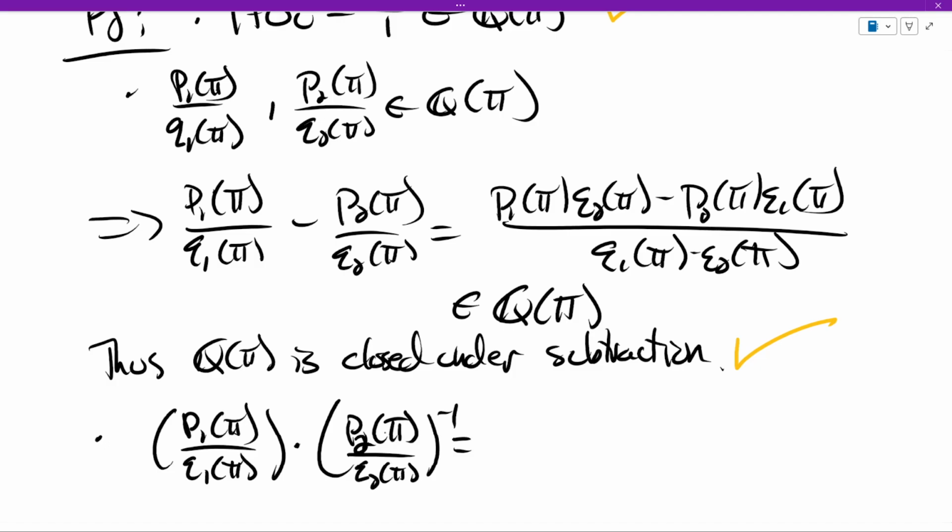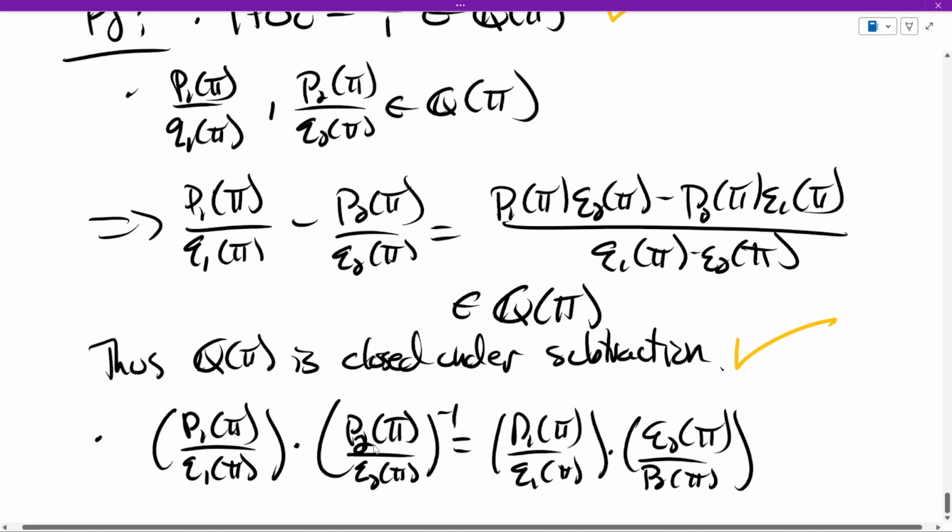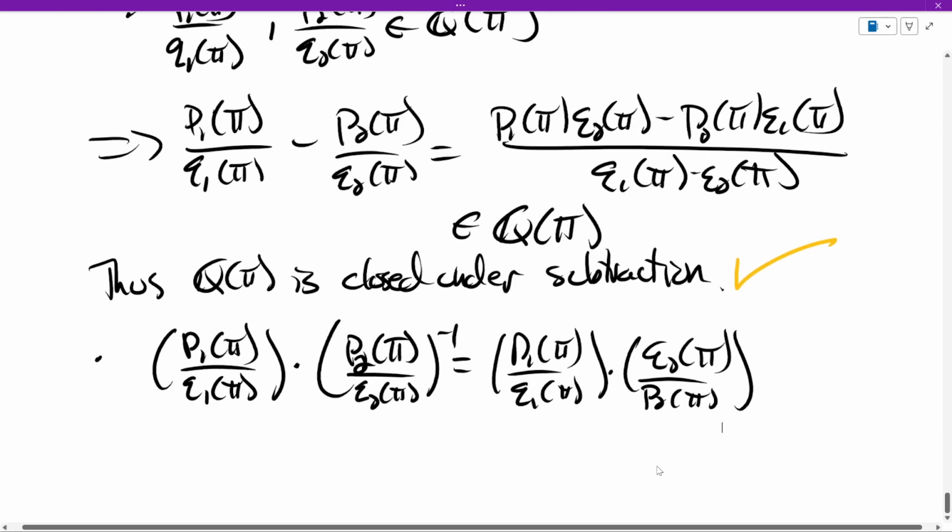All right, now p1 over q1 times p2 over q2 inverse is just p1 of pi over q1 of pi, times the inverse of this, which is clearly q2 of pi over p2 of pi. It has to be non-zero for us to take the multiplicative inverse, and the only way this is non-zero is if the numerator is non-zero, so this makes sense to write.